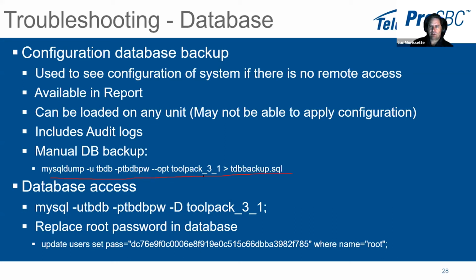Then you just need to use the right version of the database, because every time we change to a new major version, this will change. So maybe it's going to be 3.0 or 3.1 or 3.2 later on. This database backup will be available in the TB report when you do that, and we can load it on another unit to see the configuration of the system.